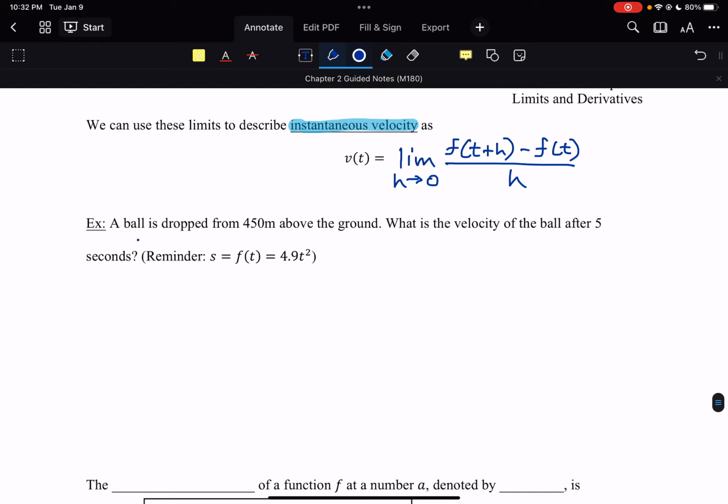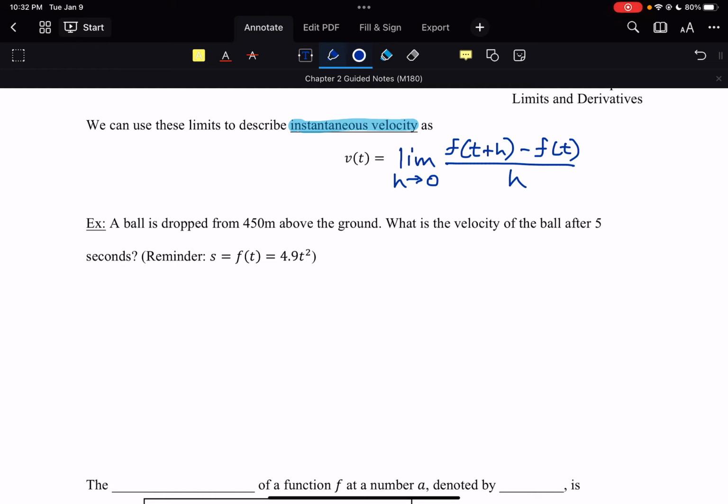So a ball is dropped from 450 meters above the ground. What is the velocity of the ball after 5 seconds? So remember, the position function is given by 4.9 t squared.